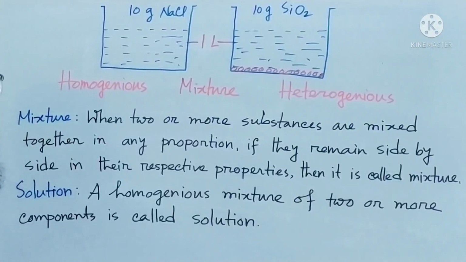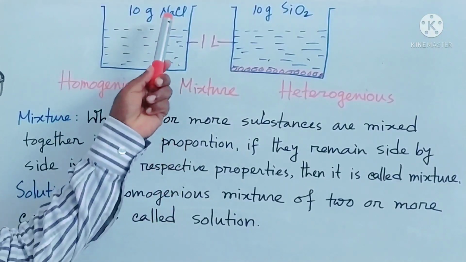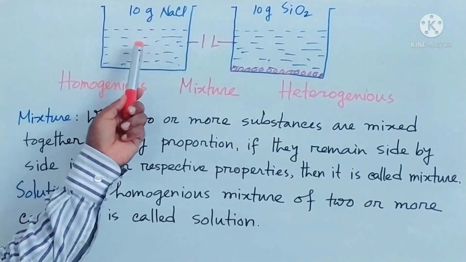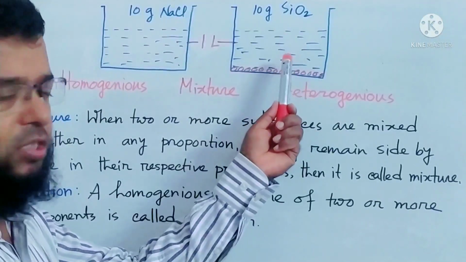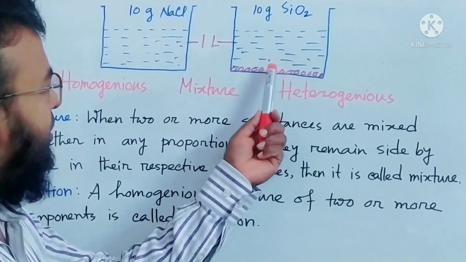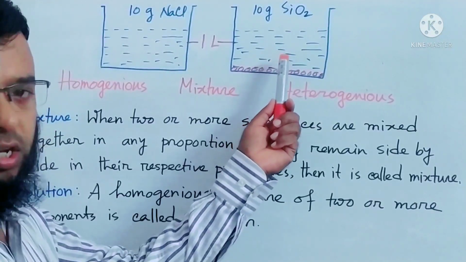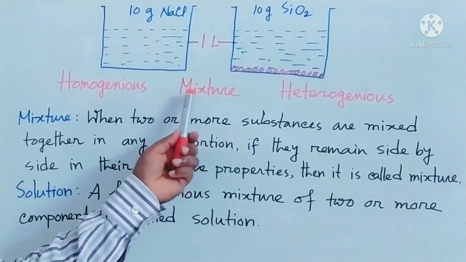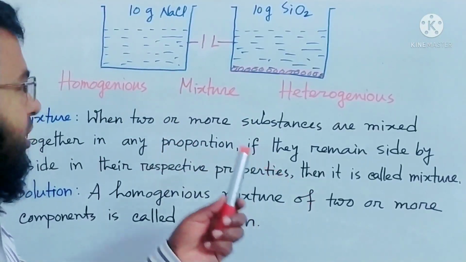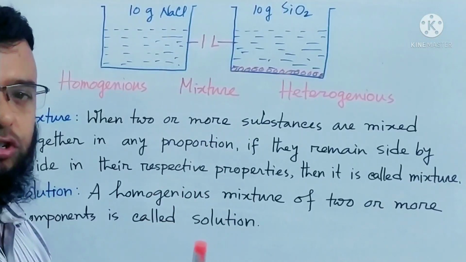That means in the homogeneous mixture we see that sodium chloride is dissolved in the water, but in the heterogeneous mixture silica is not dissolved, so it settles down at the bottom of the container or beaker. So both are mixtures, but now there is a difference: which one will be the solution.